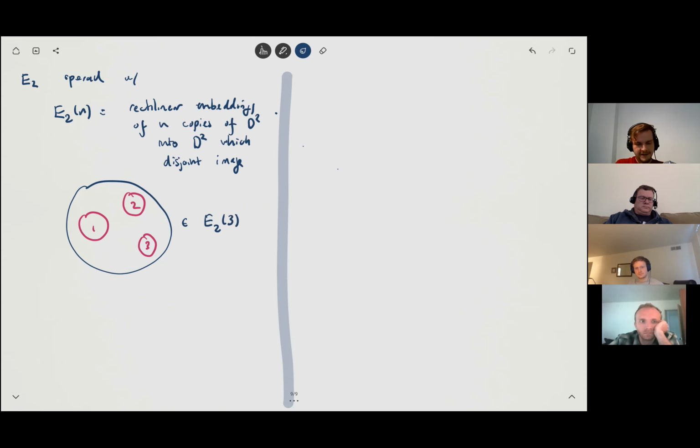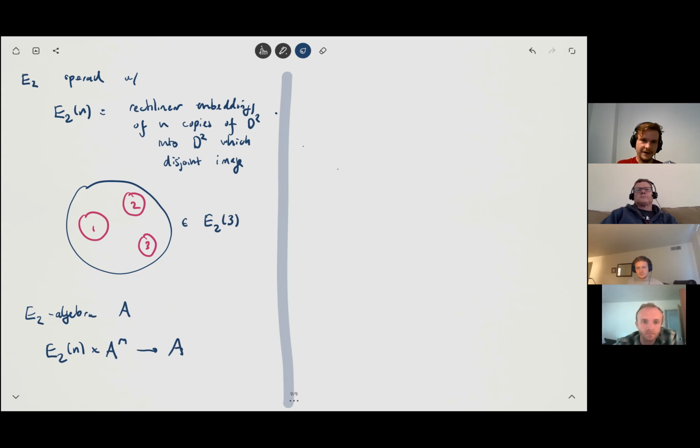And the idea is that these spaces encode n-ary operations in the sense that an E2 algebra involves the data of maps like this. Whenever you have an element of the space of n-ary operations and n elements of your algebra, you ought to be able to produce a new element of your algebra.